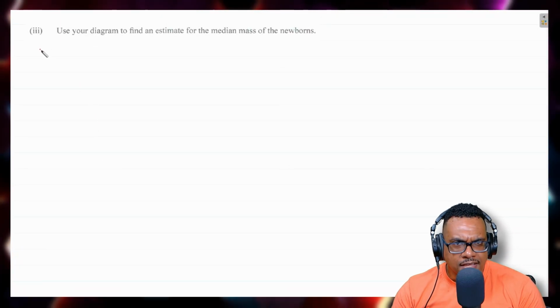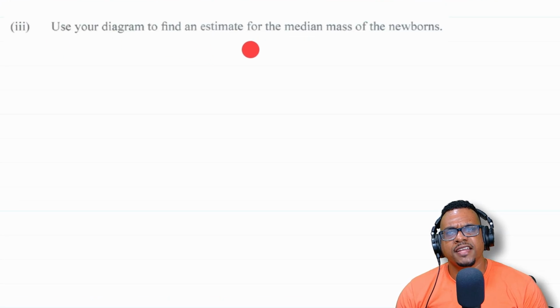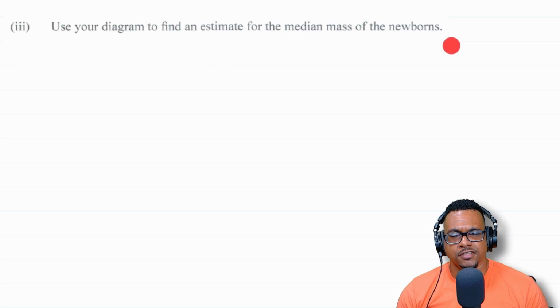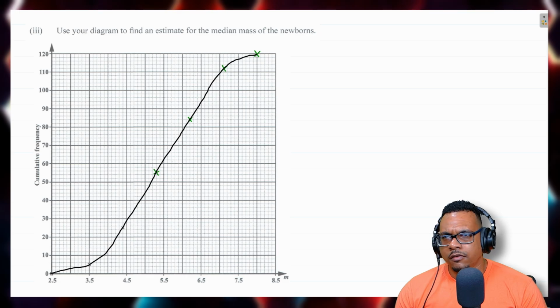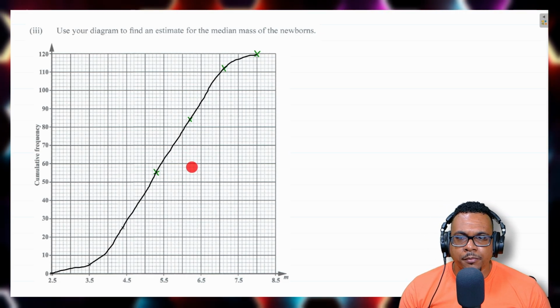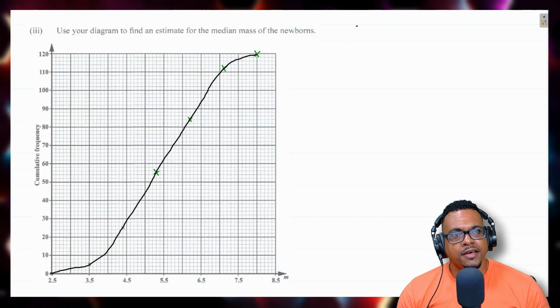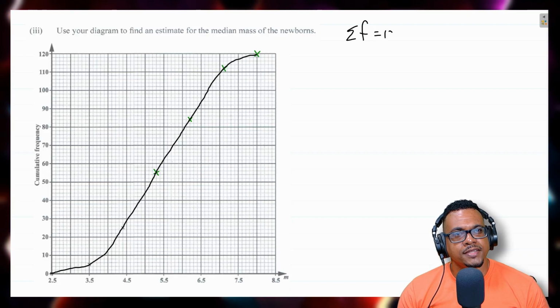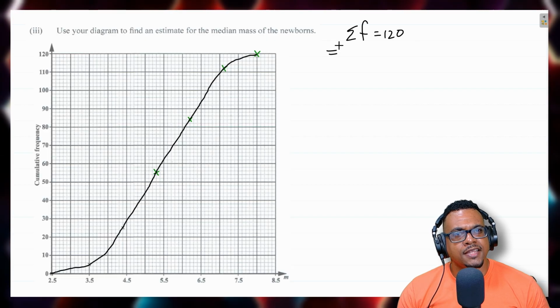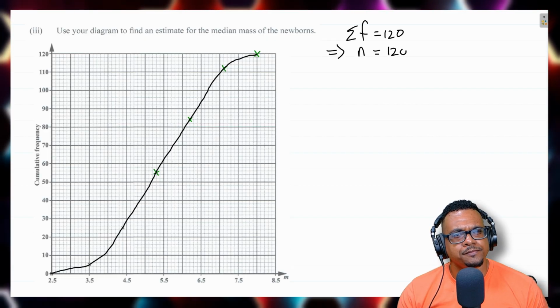And now for the last question, which is B part 3, they want us to use the diagram to find an estimate for the median mass of the newborns. All right, so I just brought back the diagram so that we can use it to find the median. Now remember, we have 120 newborns. That means sigma F is 120, which implies that N, for the formula for the median, would be 120.